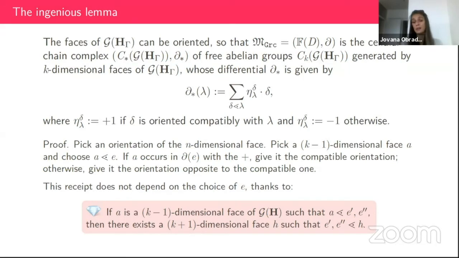And then by analyzing this equality, we see that the orientation that is given to A from E prime must always be the same as the orientation given to A from E second. Okay, so to summarize, the ingenious lemma tells us that our minimal model is the cellular chain complex of a genuine convex polytope, which of course means that it's acyclic in positive dimension.